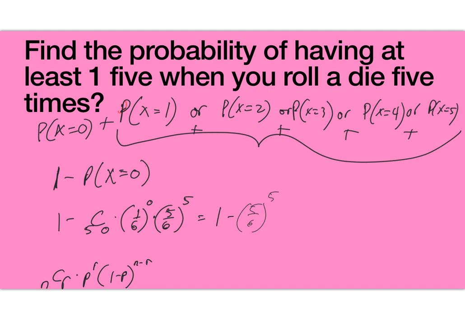Nope, I missed it. 1 minus 5 to the 5th divided by 6 to the 5th is equal to 0.598. So if I roll a dice 5 times, there's about a 60% chance that I'll see a 5 at least once.